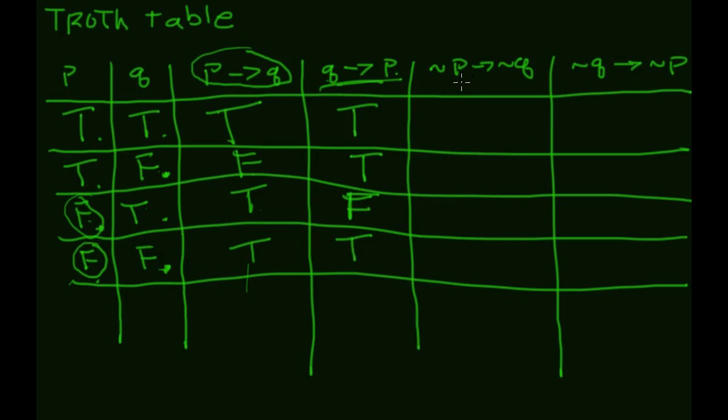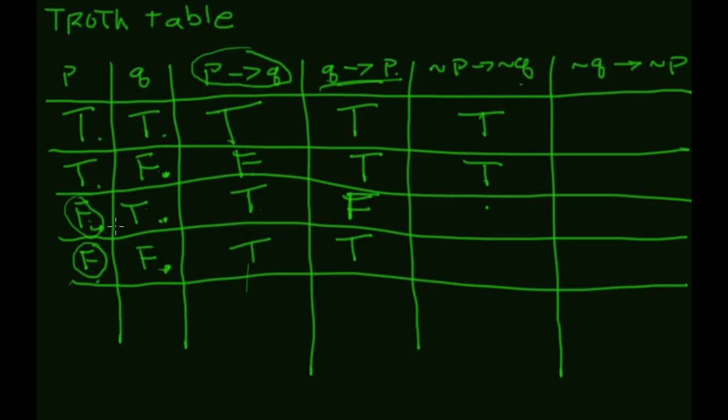Alright, so let's try the inverse. Okay, so not P would be false. Well, anytime the hypothesis is false, I'm true. Okay, same thing here. Not P would be false, so that's true. Okay, not P this time would be true. True, true makes, true, false, right?